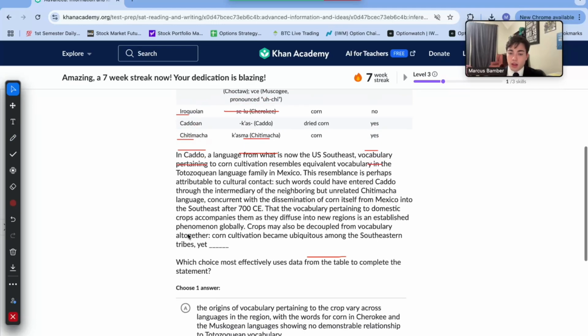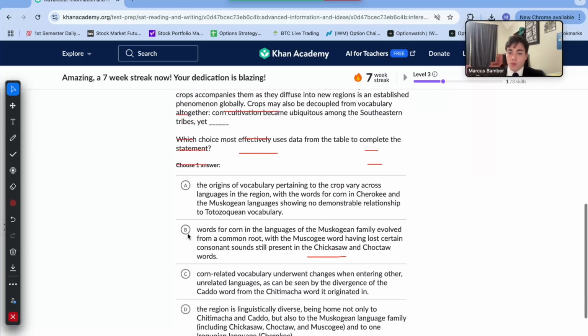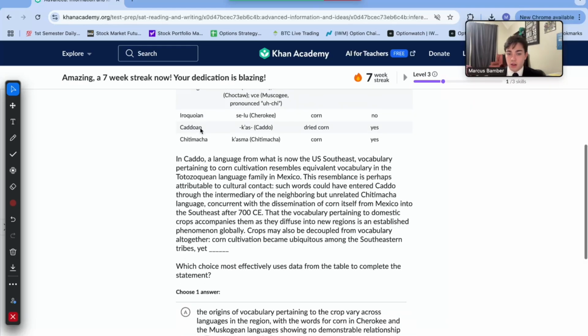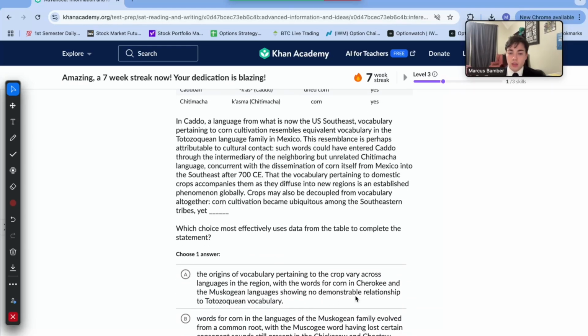So let's take a look at our answer choices to see which data from the table pertains to this claim. The origins of vocabulary pertaining to the crop vary across languages of the region, with the words for corn in the Cherokee and Muskogean languages showing no demonstrable relationship to Totozoquean vocabulary.